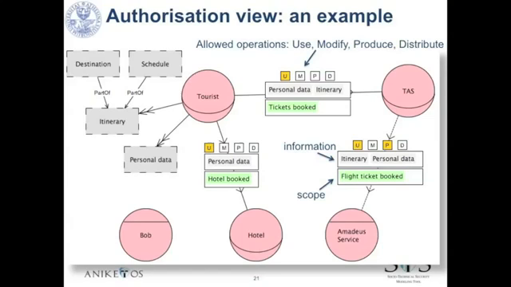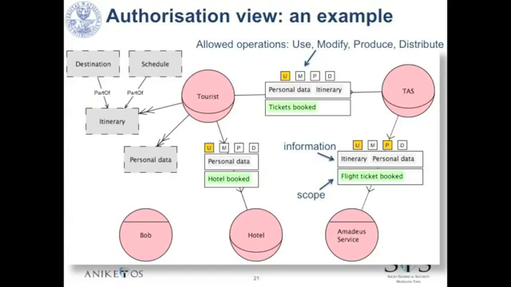Since he's given the right to further transfer or propagate these authorizations, he's actually passing these rights to the Amadeus service, with whom he's interacting to get flight tickets booked. So he's passing the authority to use and produce itinerary and personal data in the scope of flight tickets booked. On the other hand, we assume here the tourist is directly interacting with a hotel to book the tickets, and for this, he's passing the hotel the authorization to use his personal data in order to achieve hotel booked.